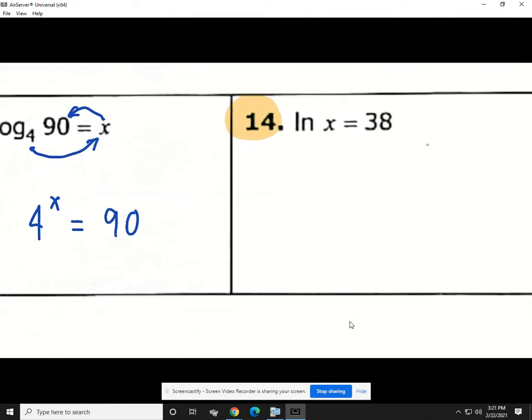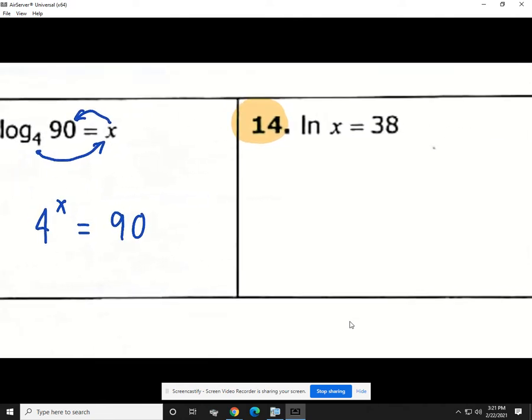And then number 14, the only difference is, remember, when you just have ln of x, there is still understood to be a base. And what is that base? Well, it's understood to be an e. So to rewrite this as an exponent, I do e to what power? The 38th equals what? x. So e to the 38th equals x. So don't forget, when you have ln, it's understood to be base e.